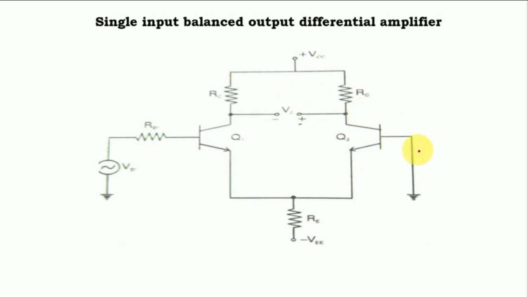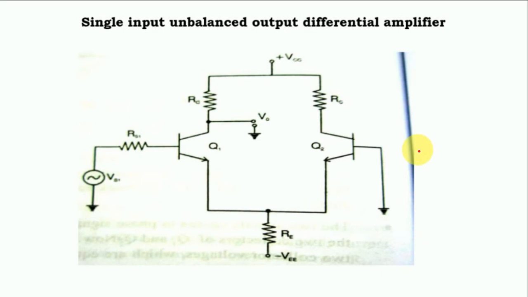So this is the way the differential amplifier works. After that, the single input unbalanced output differential amplifier is over here. You can switch likewise, that first we take the first input, and then we take the second input. So this is the basic idea, and the differential amplifier will work this way.